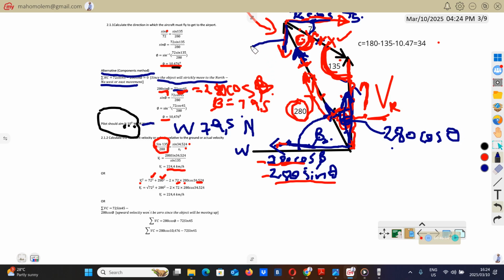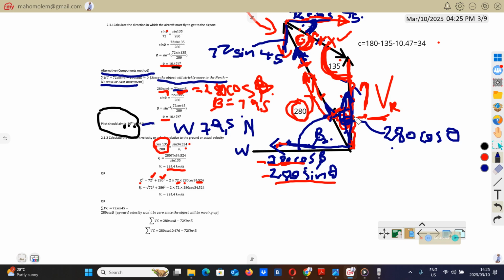Then this other component here is 72. If you consider this angle, which is 45 here, then we're going to have sine 45.